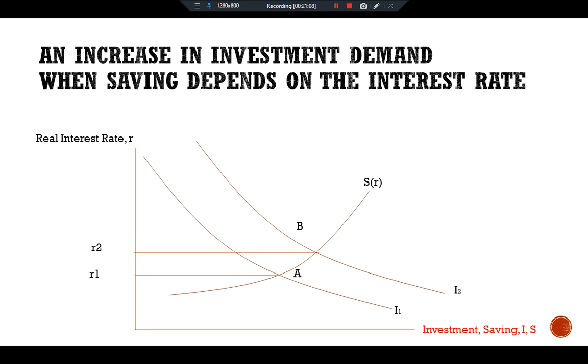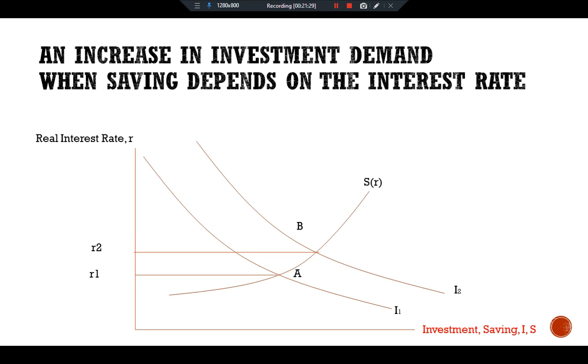So this diagram shows how investment changes with the change in the interest rate. The increase in interest rate causes households to consume less and save more. The decrease in consumption frees resources for investment.